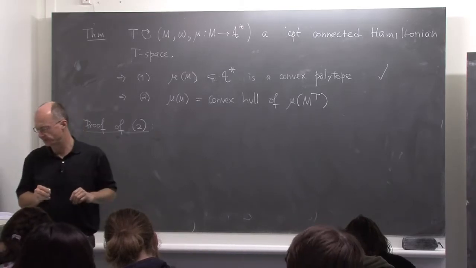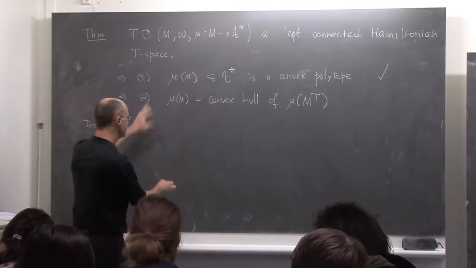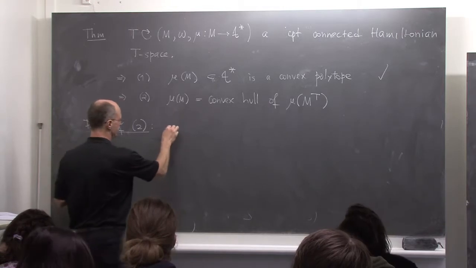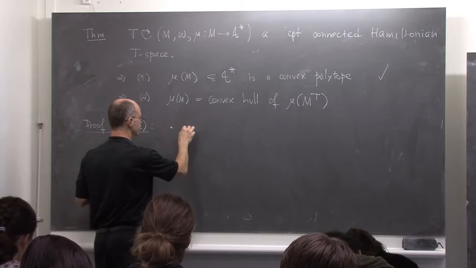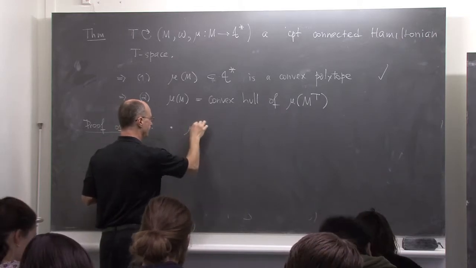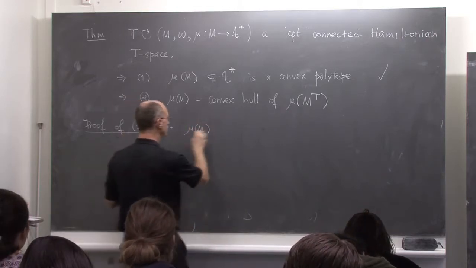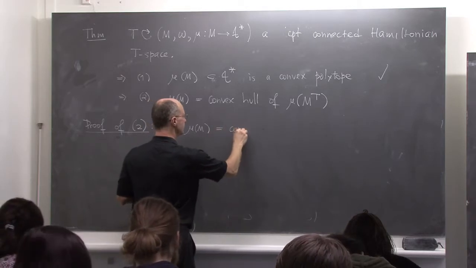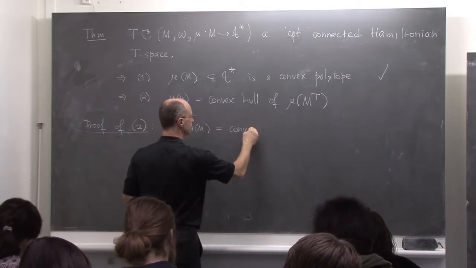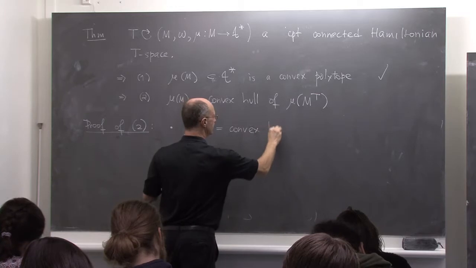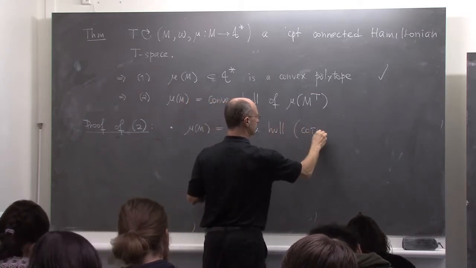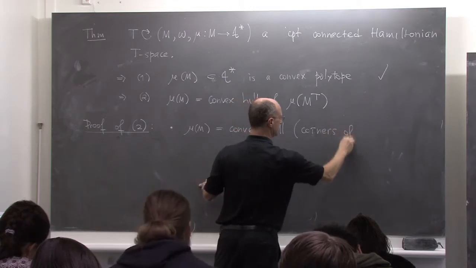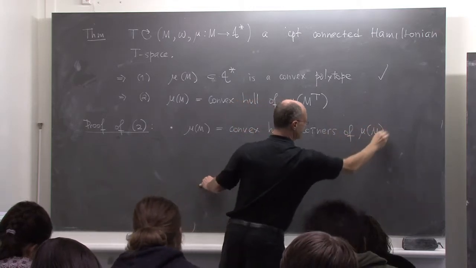Right. So perhaps it's a combination of 2 small remarks. So one remark which is obvious: mu of M is a convex hull of its corners, right?